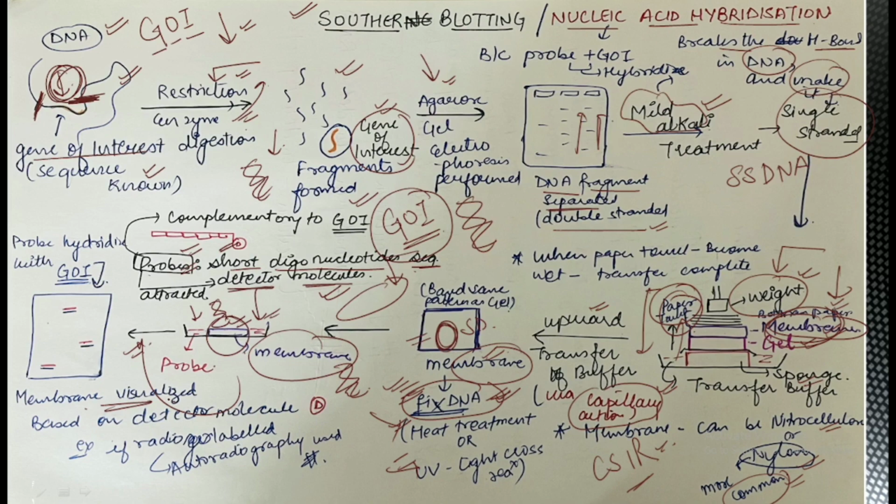Membrane is visualized, which is based upon the detector molecule. Now when does it hybridize? It hybridizes with the GOI only when it is complementary to our gene of interest. So this is how the complete Southern blotting process occurs.